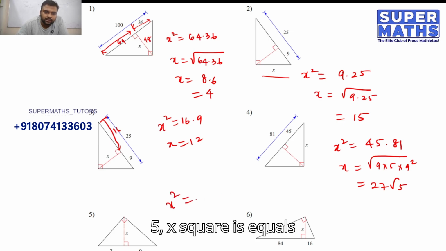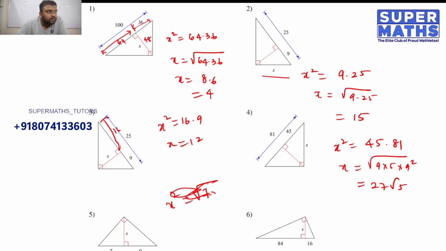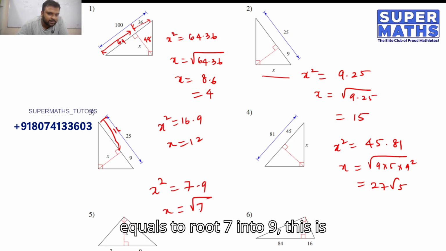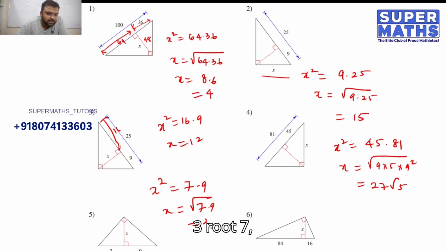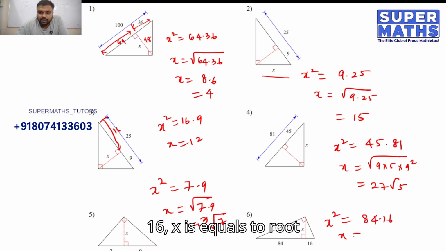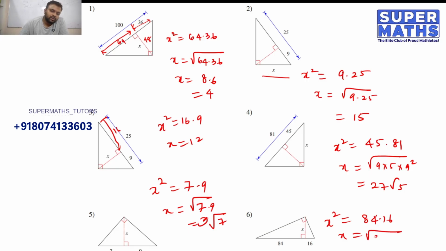X square is equal to 7 times 9. X is equal to root 7 into 9. This is 3 root 7. X square is equal to 84 times 16. X is equal to root 84 times 16. Okay.